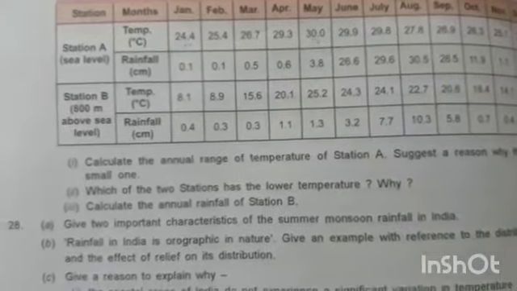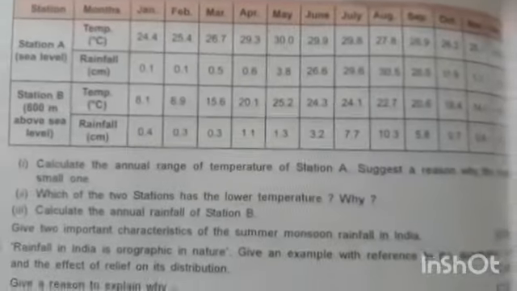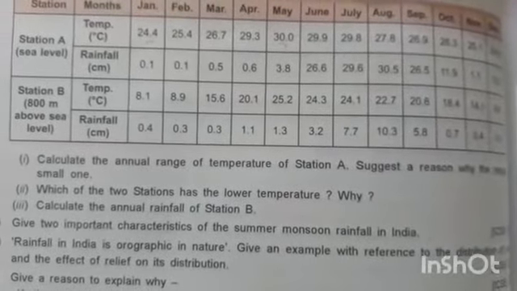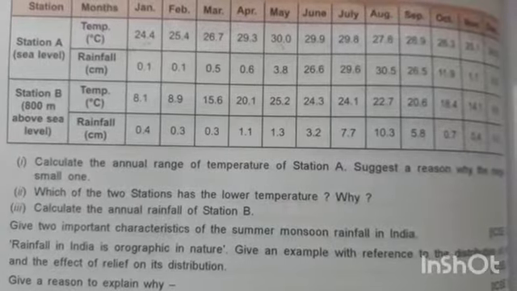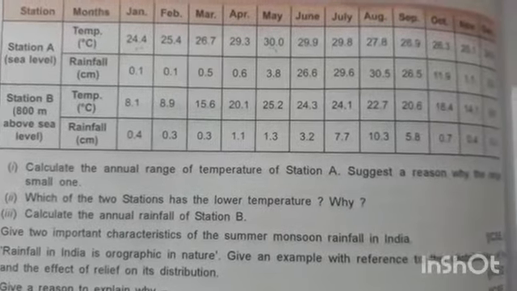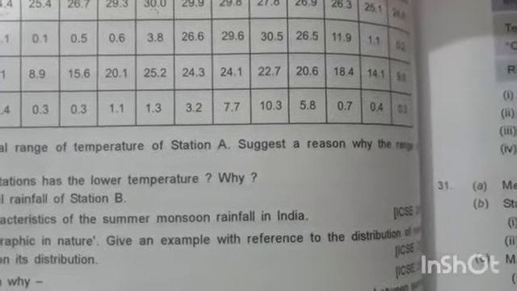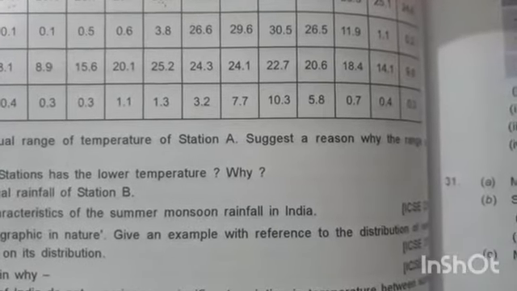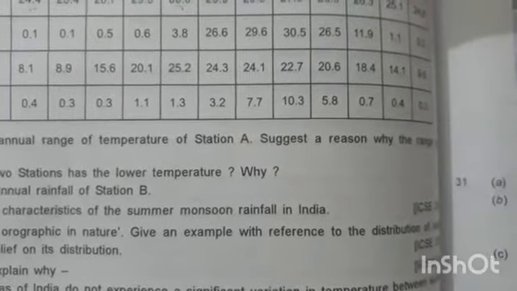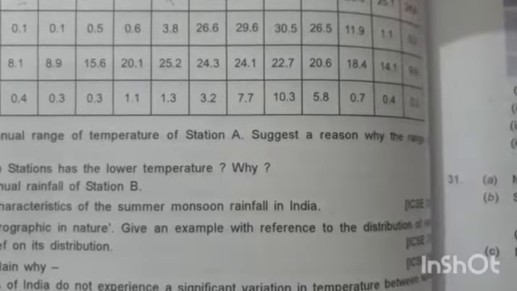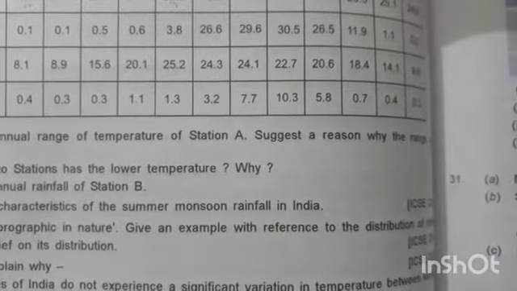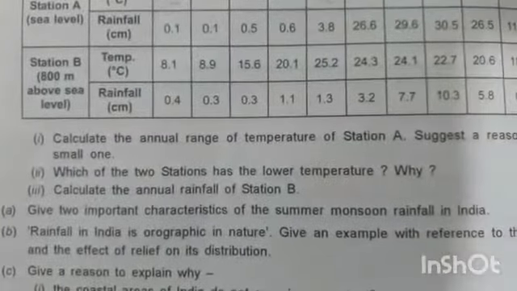And if you see rainfall here, January 0.4 centimeter, February 0.3, March 0.3 centimeter, and so on. November is 0.4 centimeter and December 0.3 centimeter.